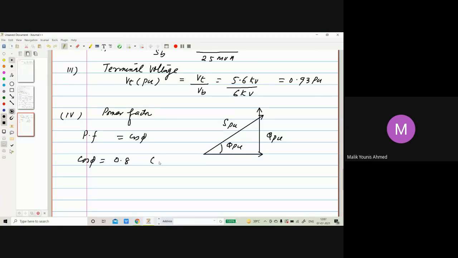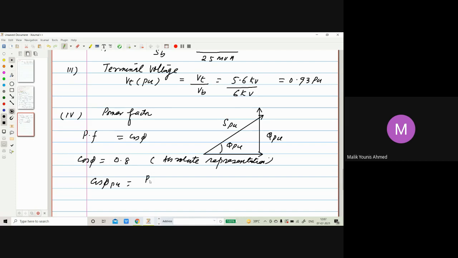This is the absolute representation. So cos phi in per unit will be the same.